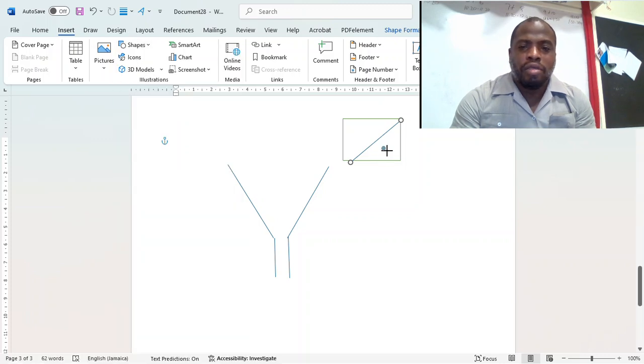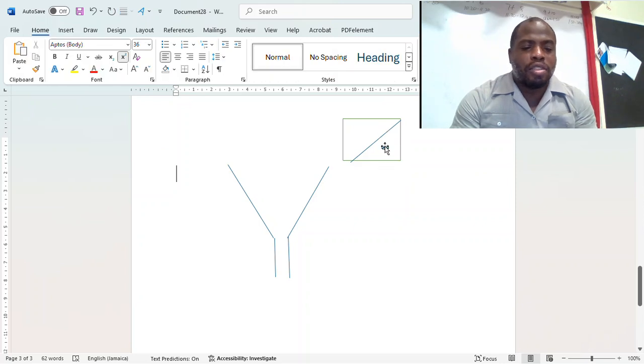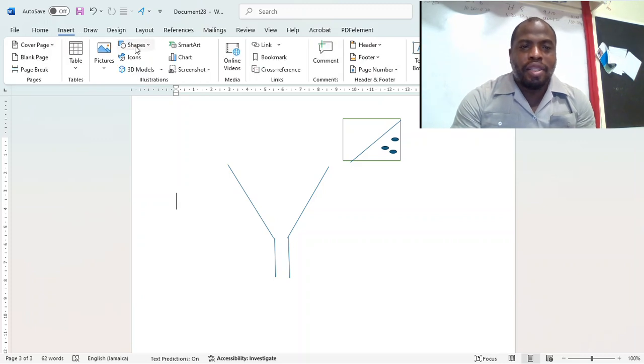Let's put in a few of these. These particles will represent the sand. And of course, you're going to be pouring it. As I said, this is going to be lined with a filter paper.